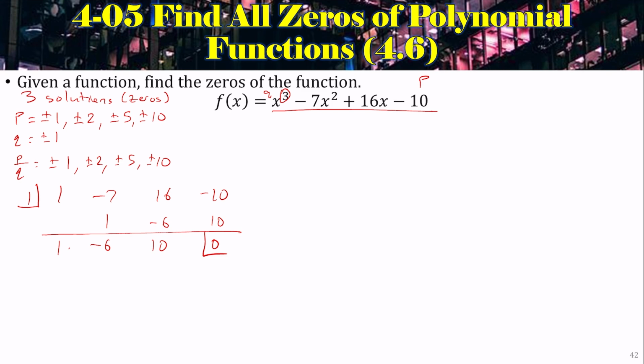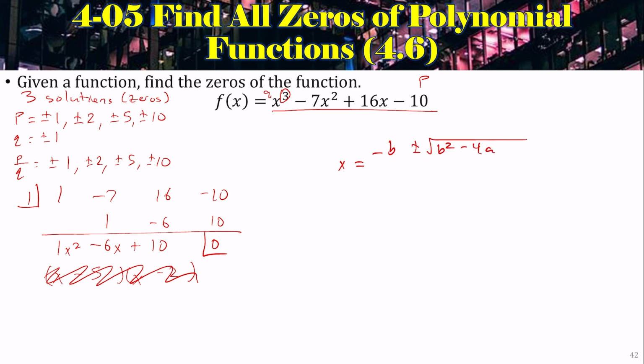It was x cubed, so now we are x squared. That is quadratic. Try factoring it. The 10 could be -5 and -2. Wait, that does not give us the 6. So let's use the formula. All right, b is -6.